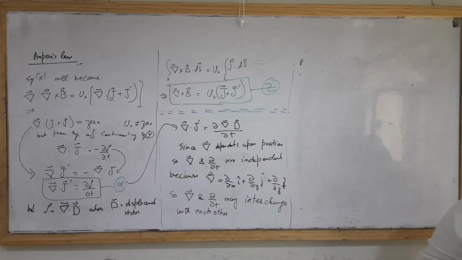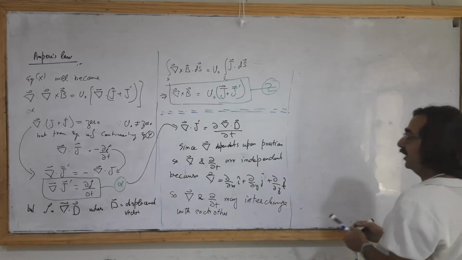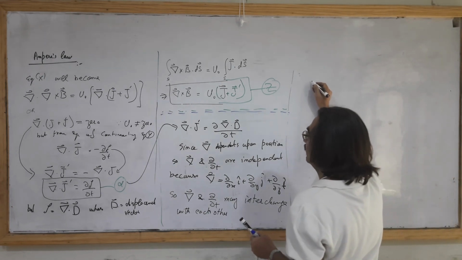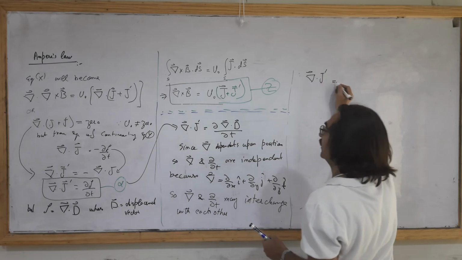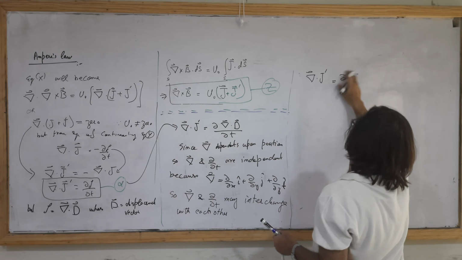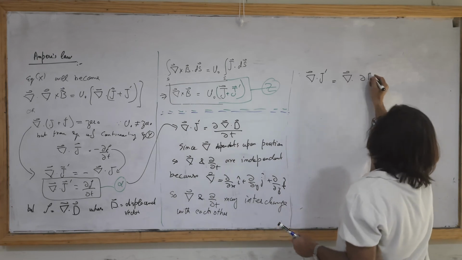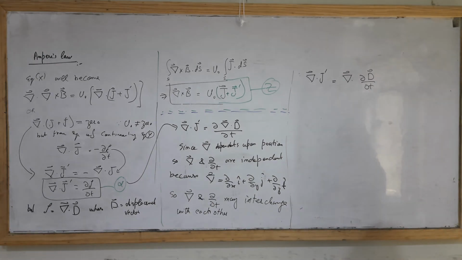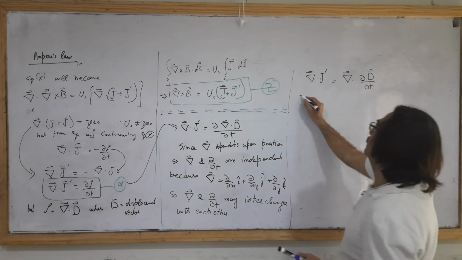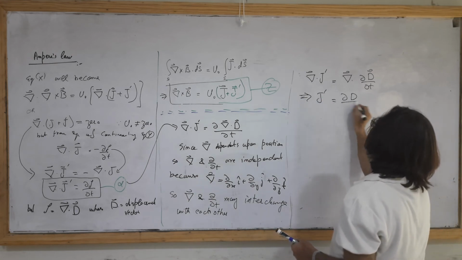So del dot J prime equals del dot partial D over partial t, and this implies that J prime is equal to partial D over partial t.